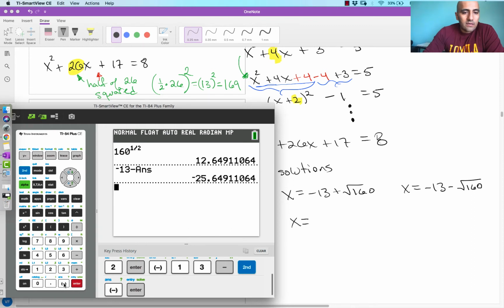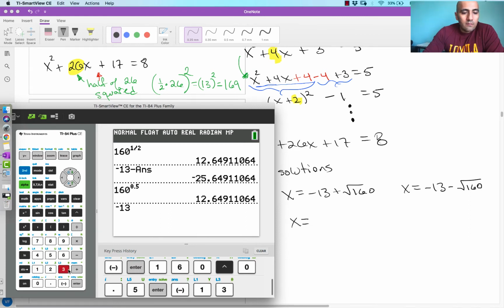So we have to get 160 to the power of 0.5. That's another way we could do this. 1/2 is the same thing as 0.5, so we can get the same answer that way. And the other one was going to be negative 13 plus that answer.